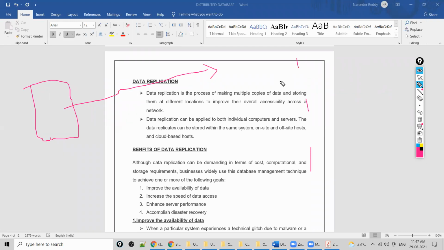Data replication is the process of making multiple copies of data and storing them at different locations, madam. Simple. What does data replication mean? We can store or we can copy.